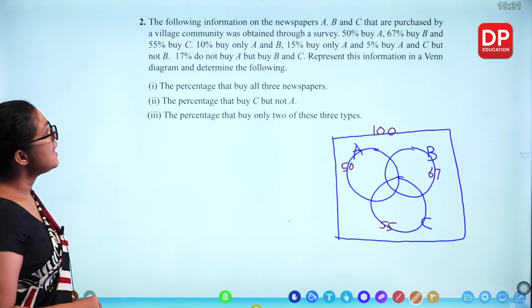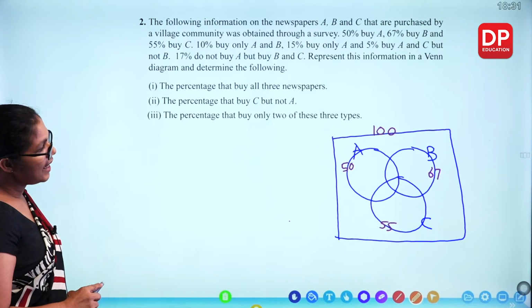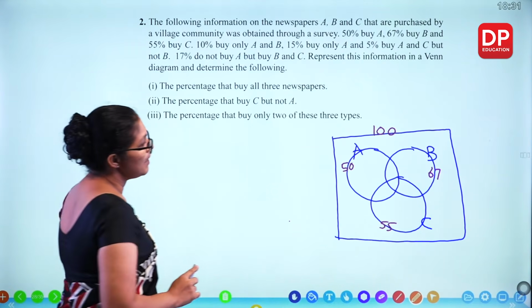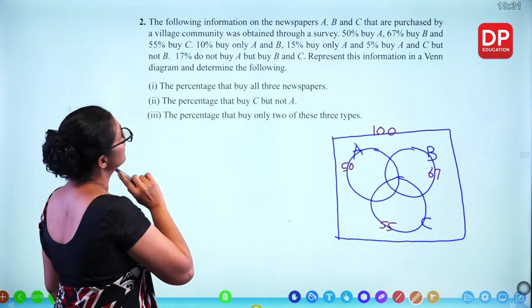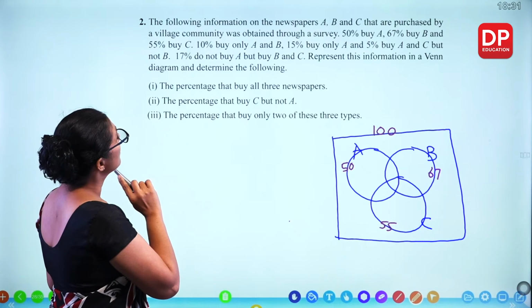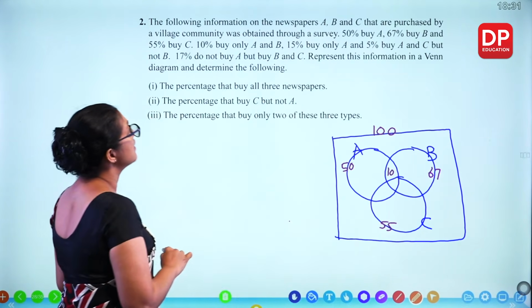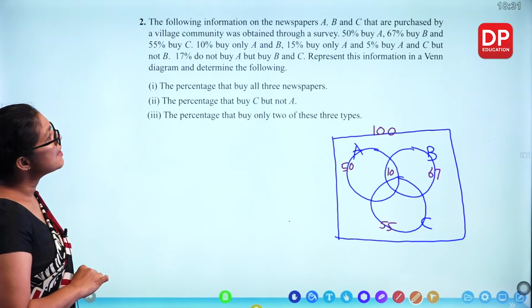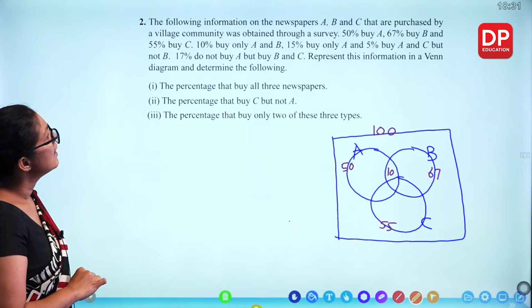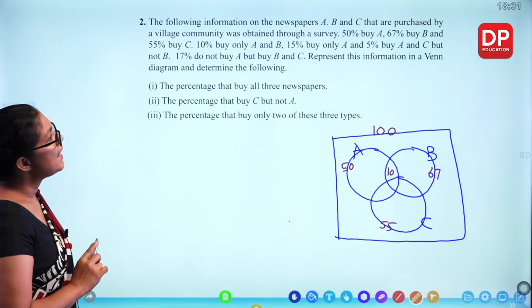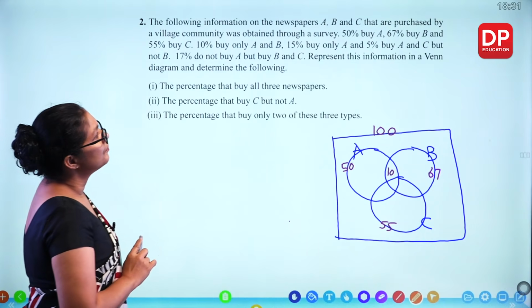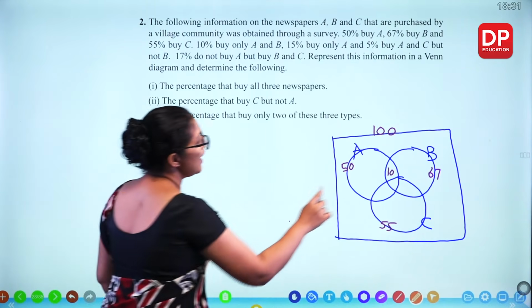10% by only A and B. A and B, only A and B. How many? 10. So this is 10. 15% by only A. Only A, 15.